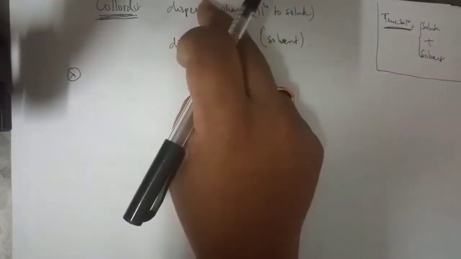Let's continue further. I will not write dispersed phase and dispersion medium, I'll write them as DP and DM. I hope you understand. So based upon the dispersed phase and dispersion medium, the colloids are categorized.